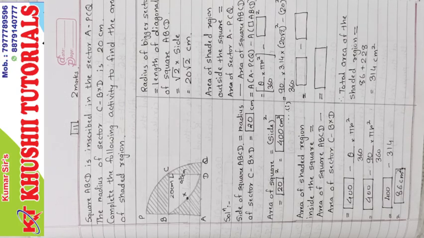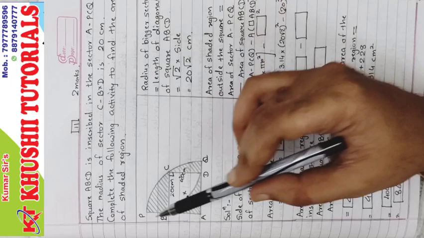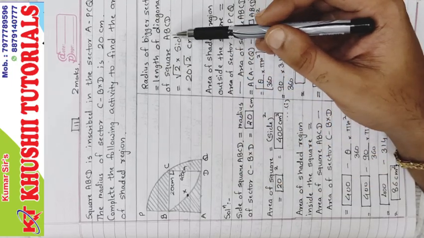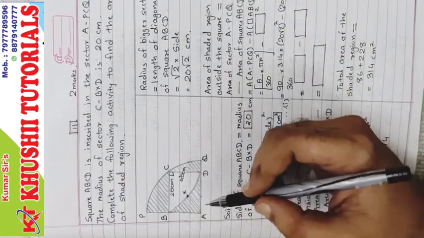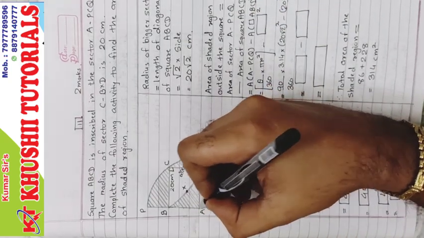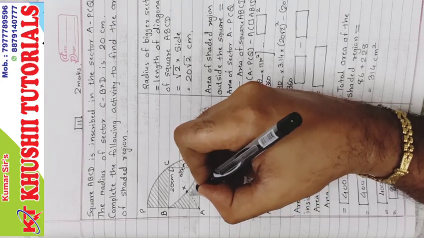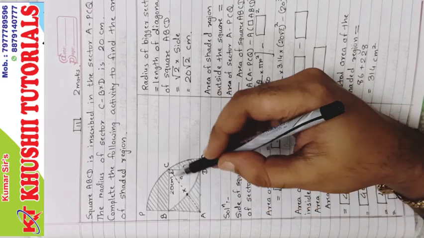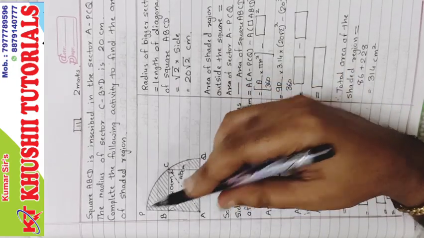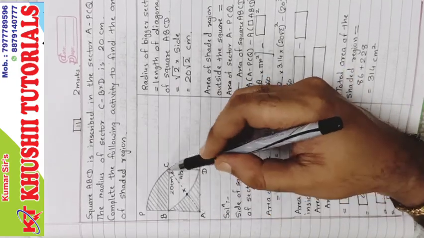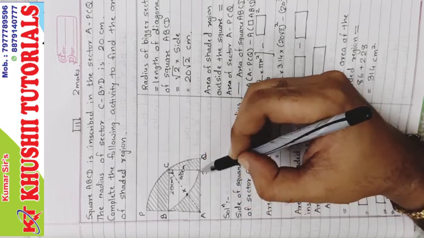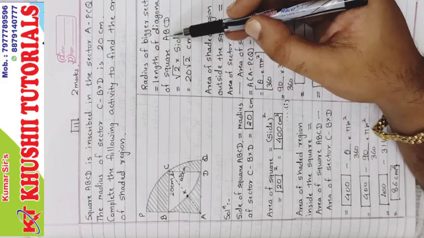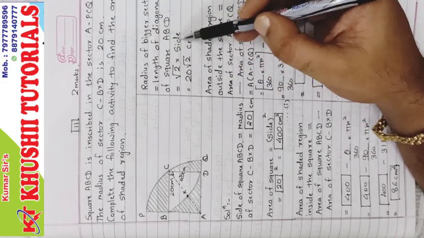86 centimeter square. Now radius of the bigger sector will be the length of the diagonal of square ABCD, because this will be the radius. Let me show you. AC, AQ, AP, these are the radius. What is AC? The diagonal of square ABCD. The diagonal of a square formula is root 2 into side.